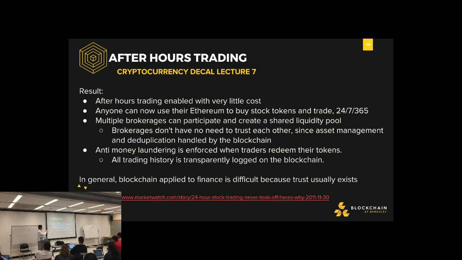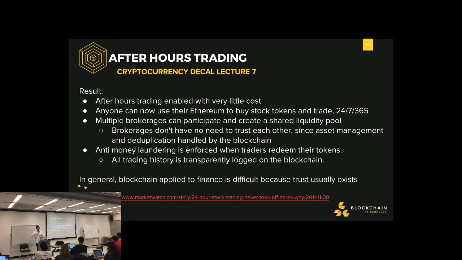And if you have multiple brokerages participate in this, you now have a shared liquidity pool. In addition, they don't even need to trust each other, since the blockchain is going to manage everything, make sure no one's double spending, and make sure you're following all the rules of stock trading. And from a regulatory perspective, you can enforce anti-money laundering when the traders actually redeem their tokens.